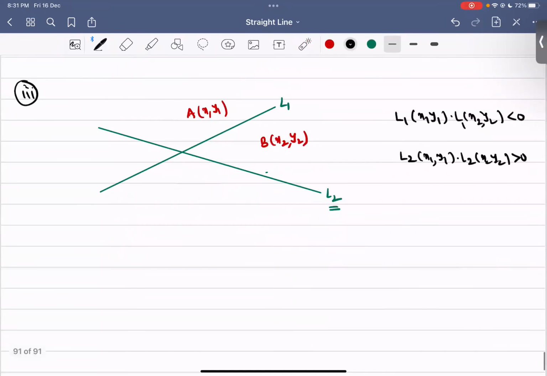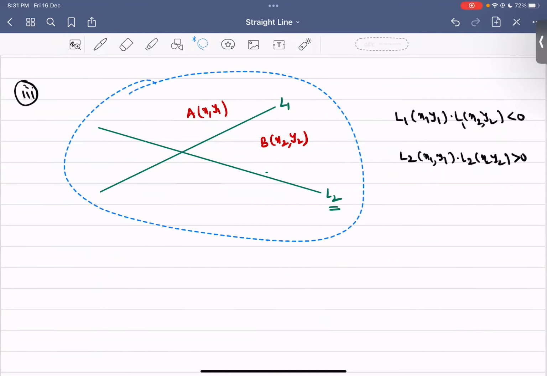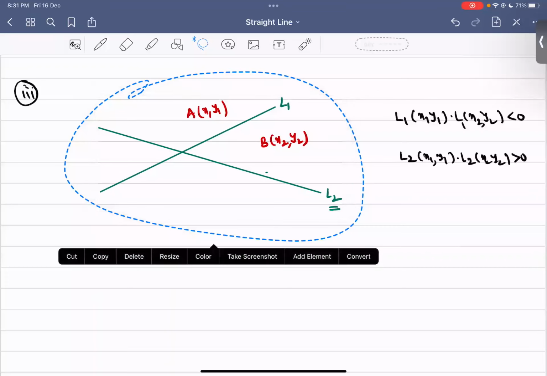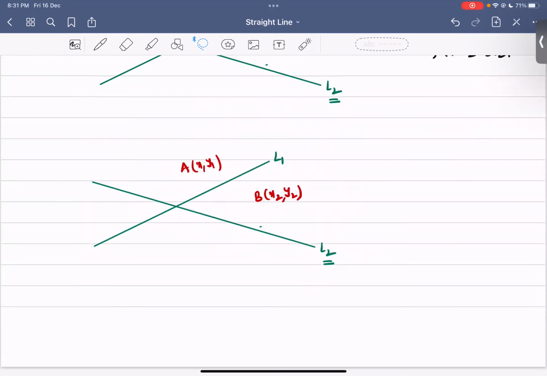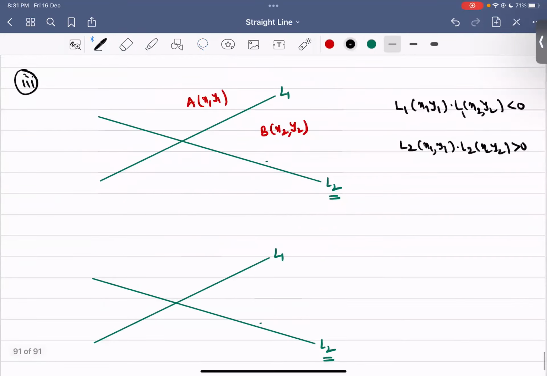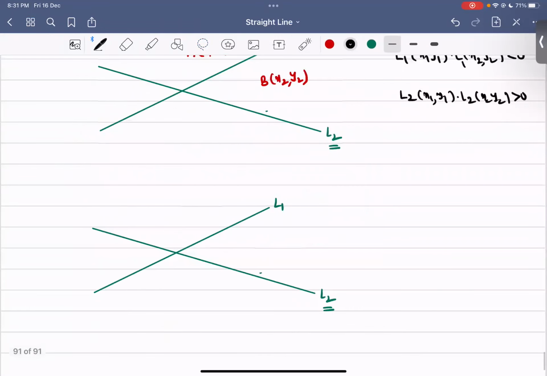If the diagram is like this, suppose the point A (x1, y1) is here, and B (x2, y2) is here.